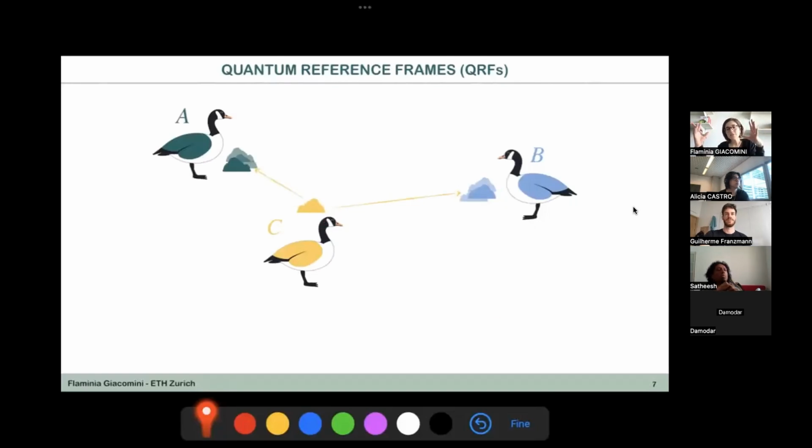Specifically, what we want to do is to start from the description of this particle C. This particle in its relational picture will describe the quantum system A and the quantum system B from its perspective.